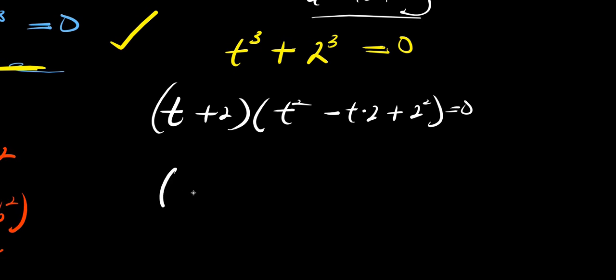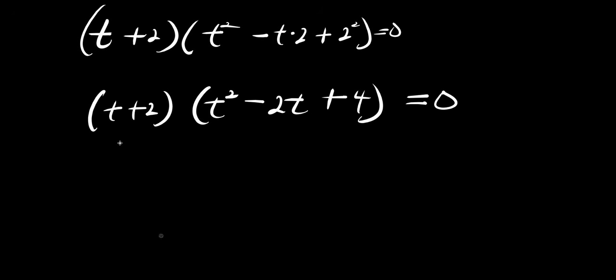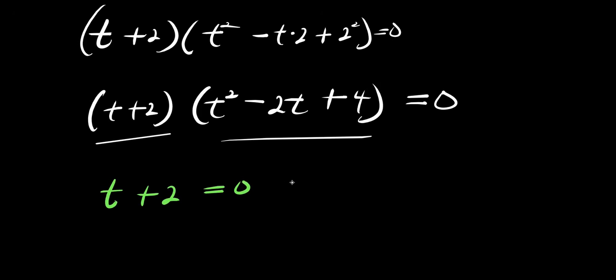So from here, I have t plus 2 times t power 2 minus 2t plus 4, and this equals 0. So right now, I equate each of these to 0. I have t plus 2 equals 0, or I have t squared minus 2t plus 4 equals 0.